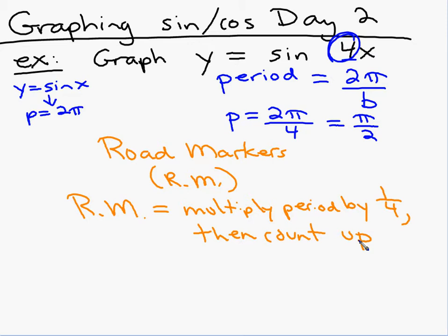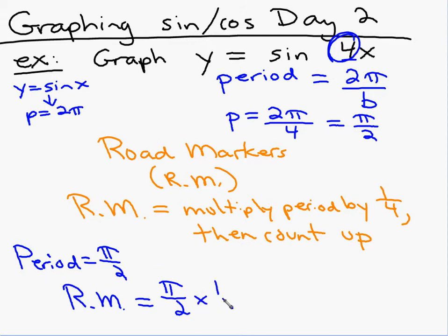All right? So what was my period? My period was pi halves. I'm going to come back to blue here. My period was pi halves. So to find my road markers, notice I'm labeling them RM for road markers, I'm going to take that pi halves and multiply it by 1/4.